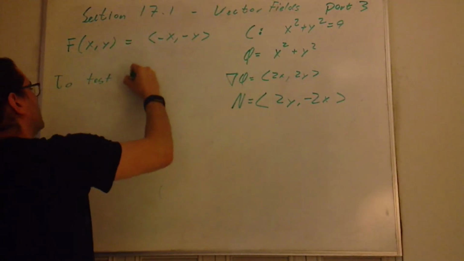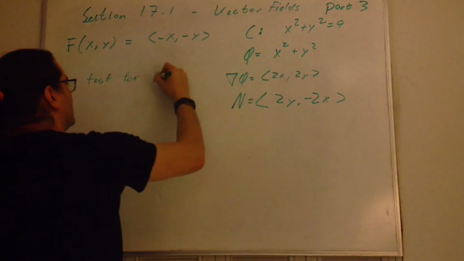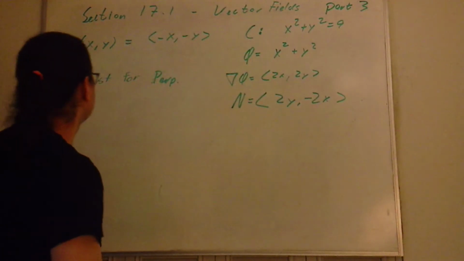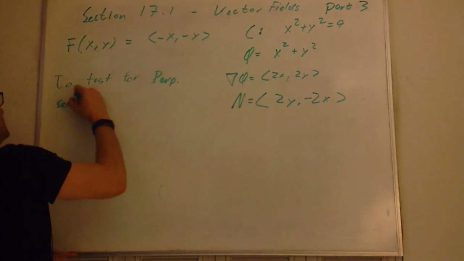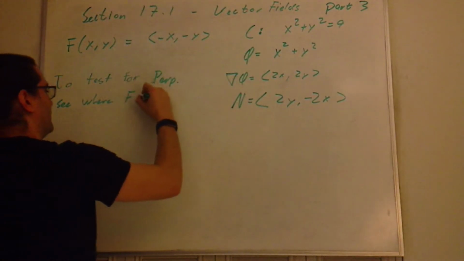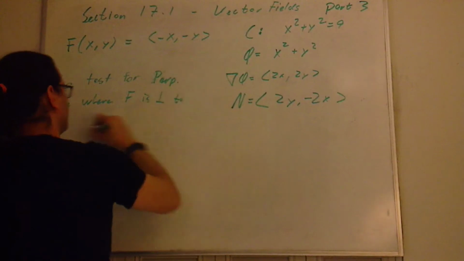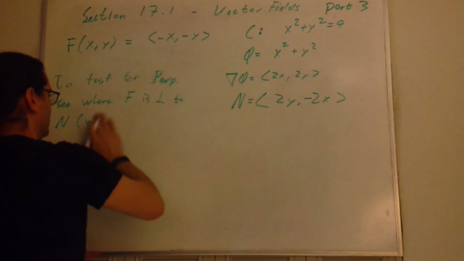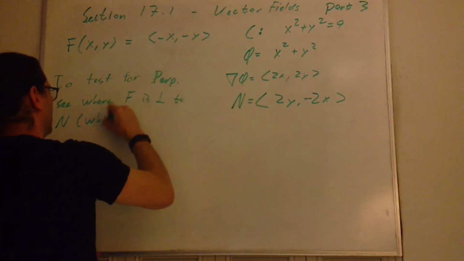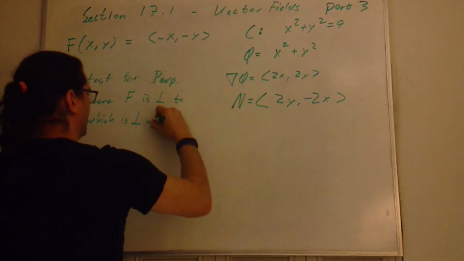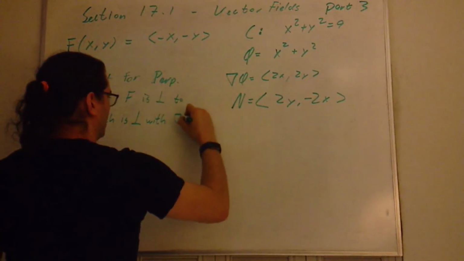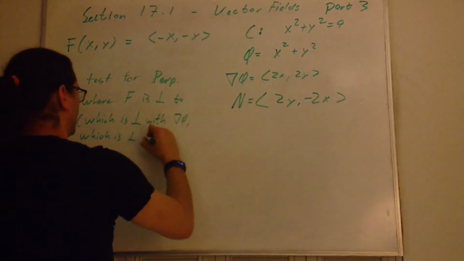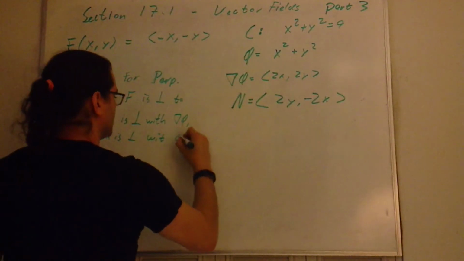To test for perpendicular, see where f is perp to n, which is perp with del phi, which is perpendicular with C.